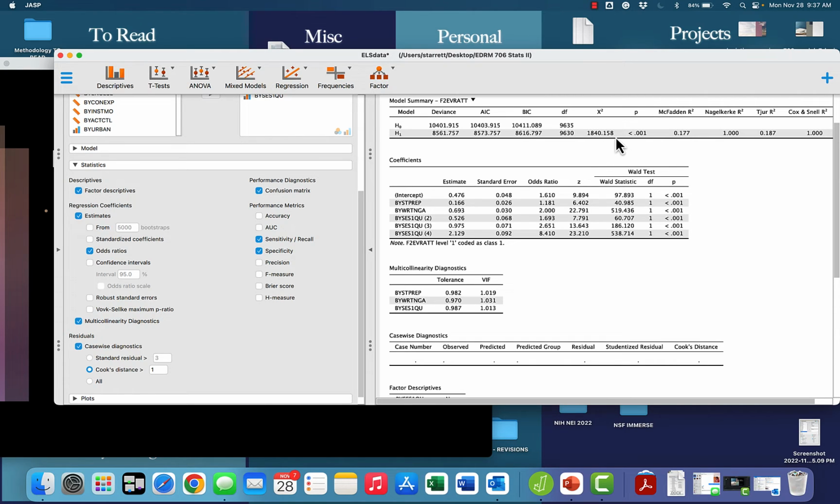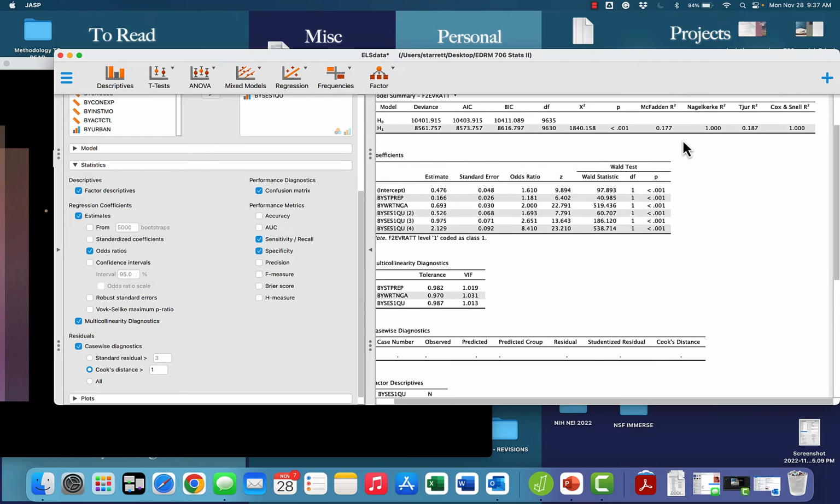We can take a look at the p-value for our chi-square, which is less than 0.001, which says at least one of these independent variables significantly predicts post-secondary enrollment. And we can look at our pseudo R-squareds here, and we've got McFadden at 17.7% and Nagelkerke at 18.7%.